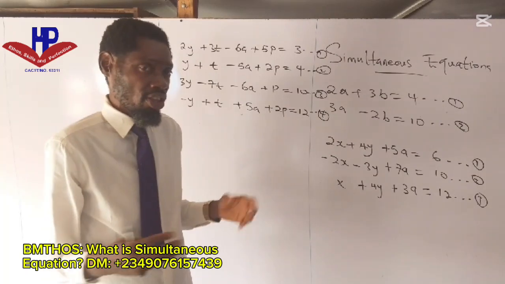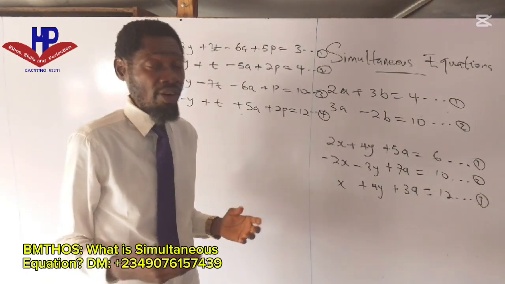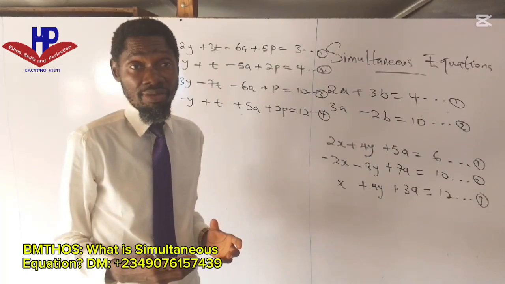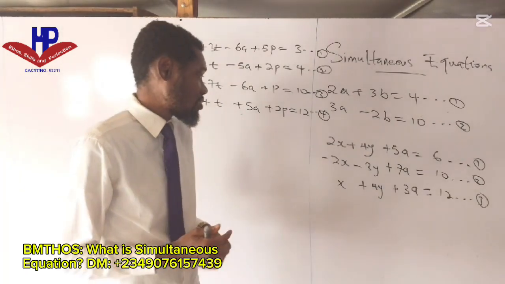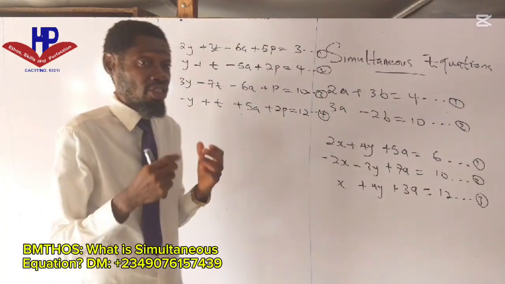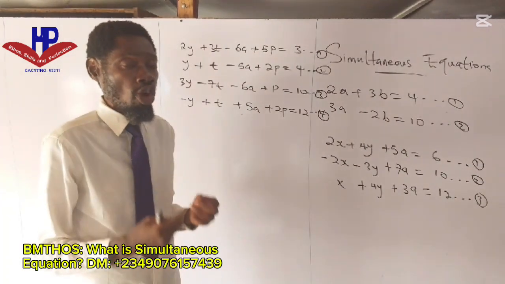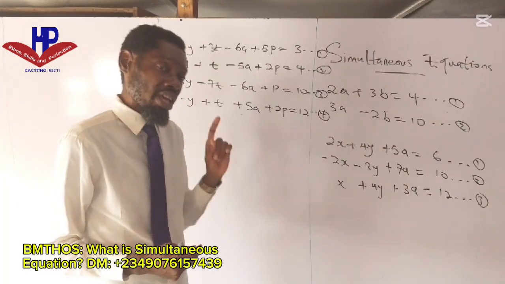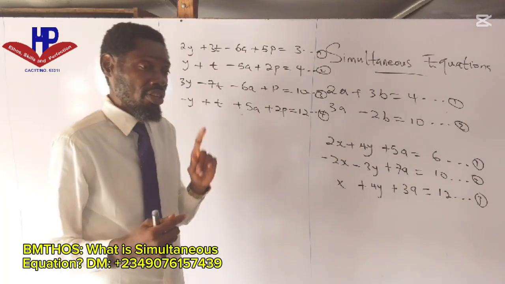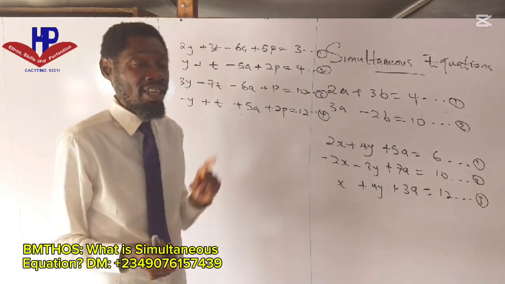Common methods used in solving simultaneous equations are the elimination method, that is one of the methods. The second is the substitution method. We also have the elimination and substitution method combined, where you combine the two methods to help you get the answer.